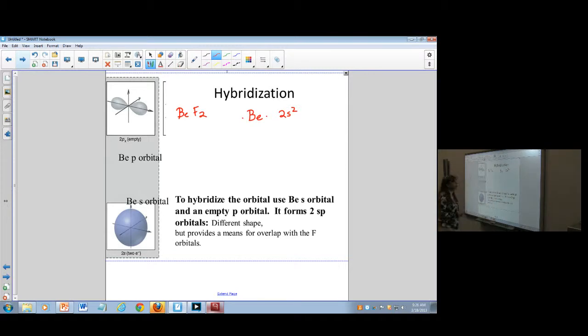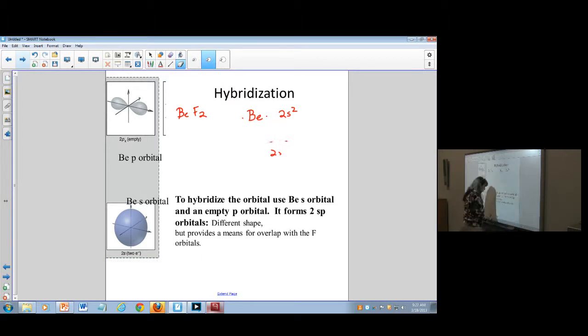Okay, so here's our 2s, that would be a filled orbital. Oops, that would be illegal. How about this? We'll have a filled atomic orbital. So there wouldn't be a possibility of forming BeF2 in this condition because beryllium has already used up all of the spaces.